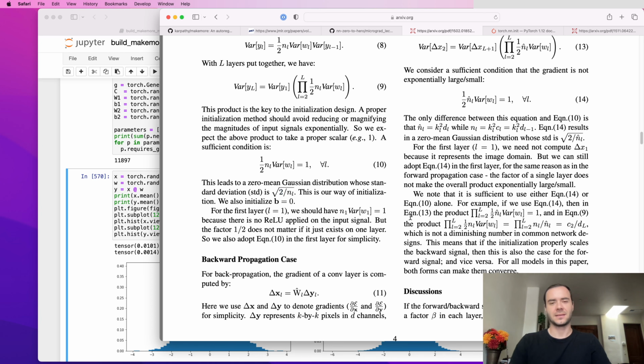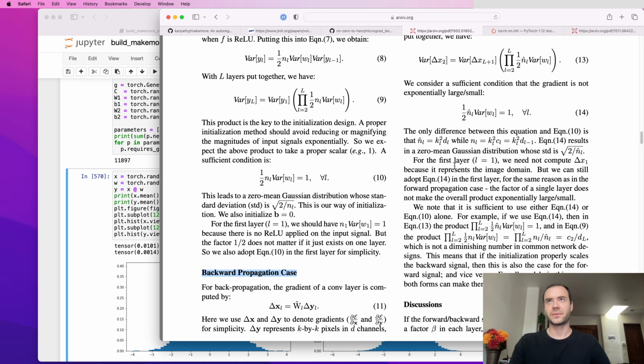Now, in addition to that, this paper also studies not just the behavior of the activations in the forward pass of the neural net, but it also studies the back propagation. And we have to make sure that the gradients also are well behaved, because ultimately they end up updating our parameters.